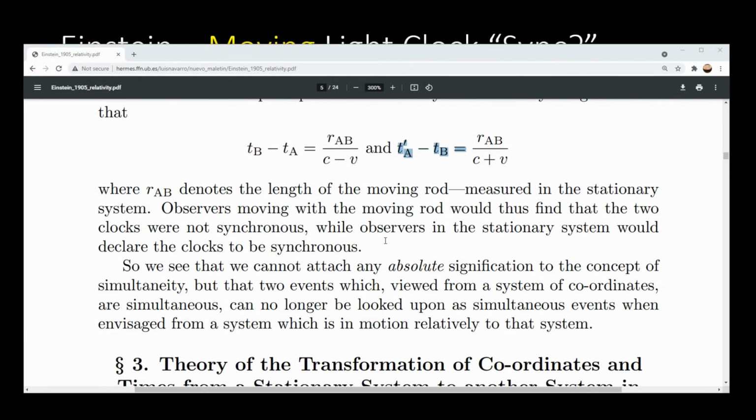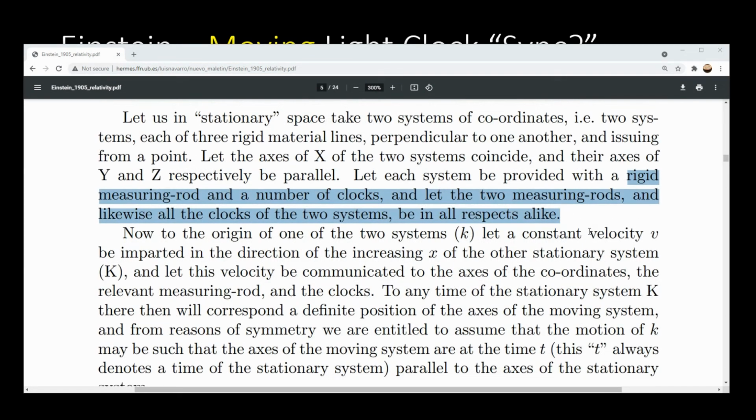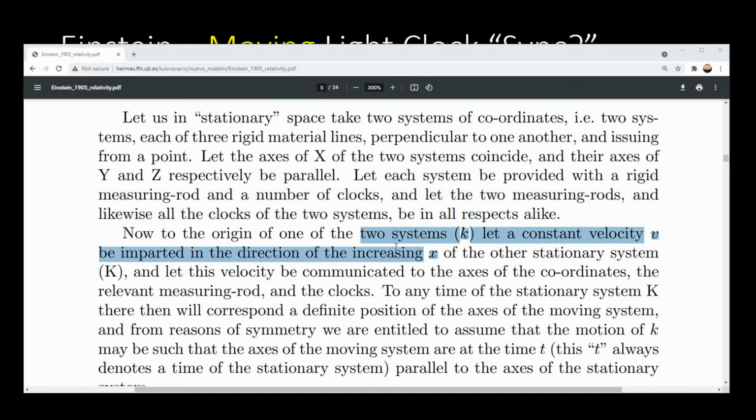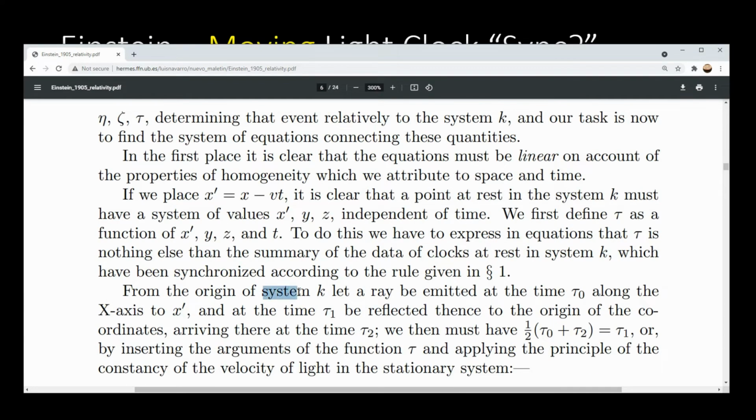But when we move into section 3, Einstein is going to derive the math for the theory. The moving system is called lowercase k, so let's take a look at what he does there. So from the moving system, lowercase k, and this part should look very familiar, a ray is emitted at time tau 0.